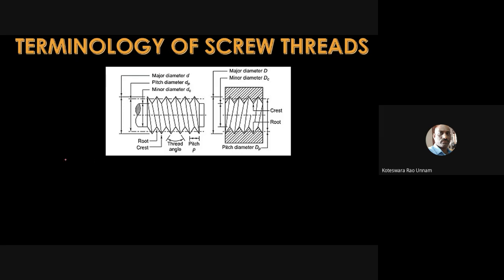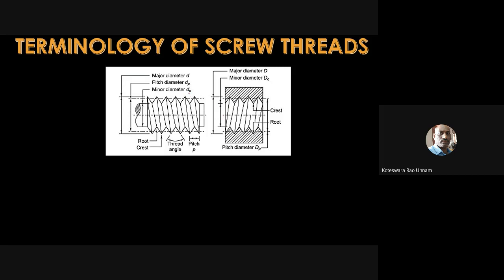Before going into that, we need some terminology about these threads. I think you might be familiar with all these things, but we're going to review them again. Generally we'll talk about bolt and nut only. The major difference is that a bolt will have external threads and a nut will have internal threads.